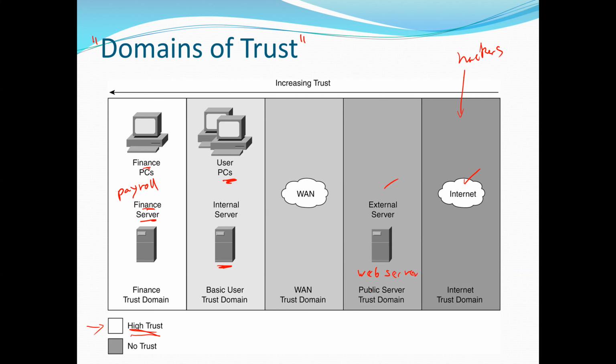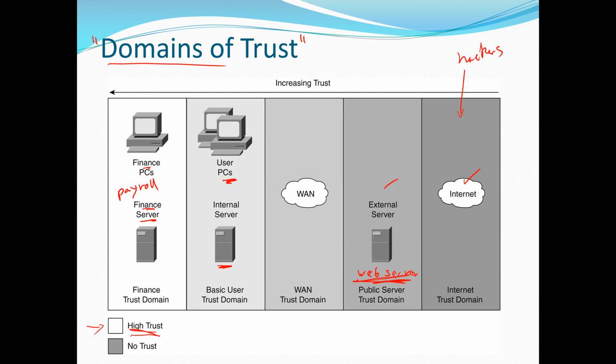For instance, a web server is less trusted because it needs to be accessed from the internet, which means more ports are open for people to log in to it. So domain of trust is an important concept in network security, and as a system administrator, you would have to think of that.